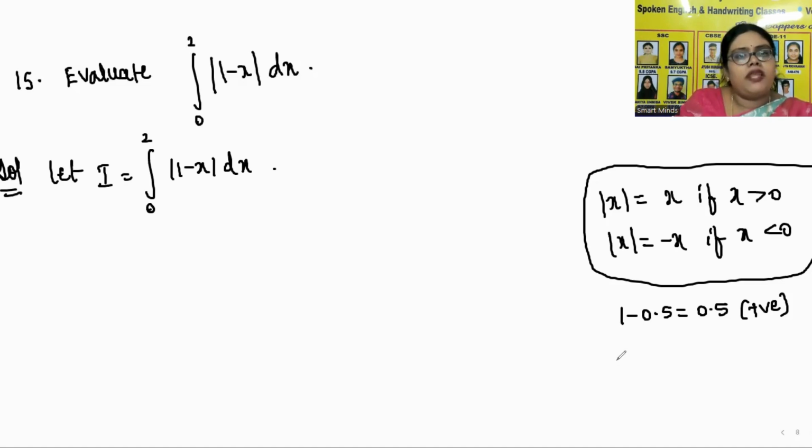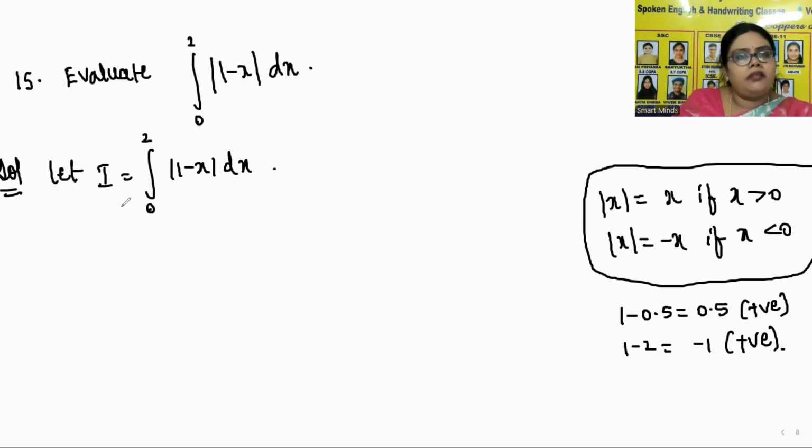And suppose if I take x as any number greater than 1, suppose I take 2, then 1 minus 2 will become minus 1, that is negative. So what did you understand? For numbers less than 1, it is positive. For numbers greater than 1, it is negative.